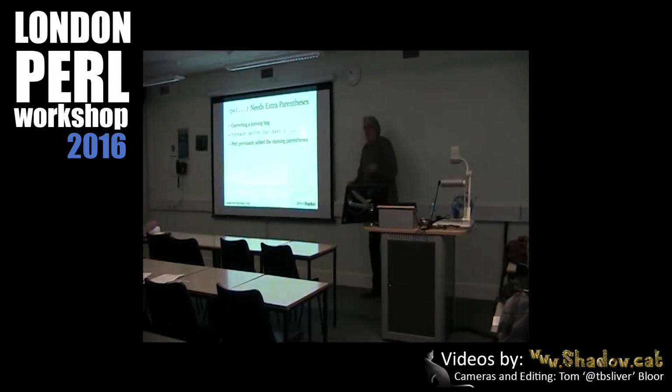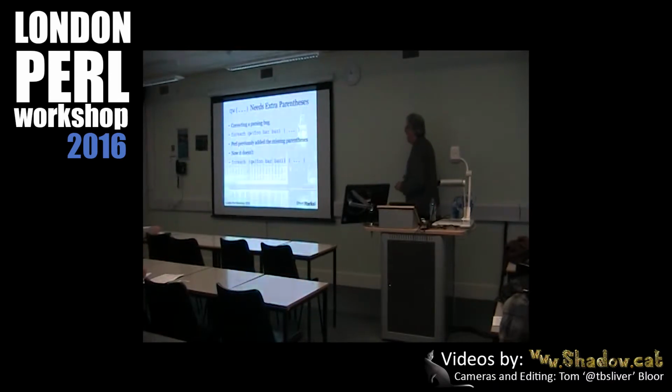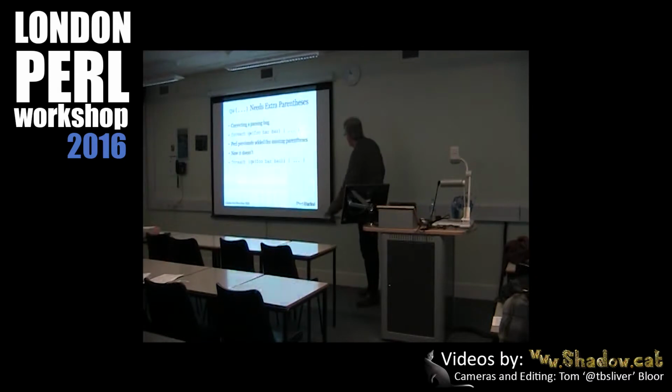Previously, Perl, I don't know whether it was a mistake or a feature that got added, used to silently add the missing parentheses. And now it doesn't. So now you need to put the brackets in.